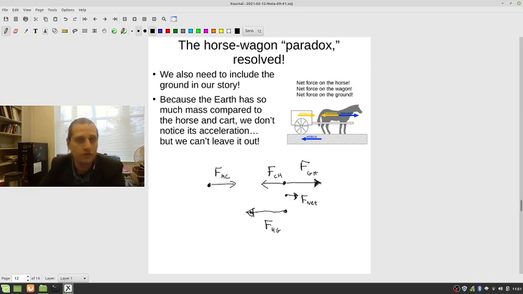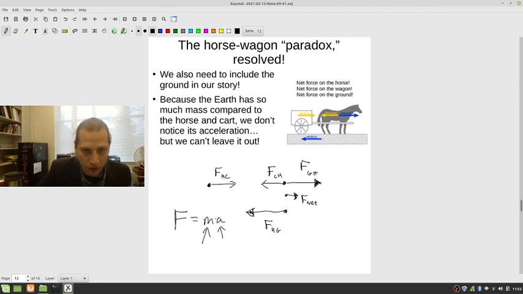However, as you're going forward, the Earth is, in theory, rolling back a little bit. But of course, since the mass of the Earth is stupendously enormous compared to the mass of the horse, or the mass of the horse and cart together, you don't register the Earth rolling underneath the horse and the cart the way that you register them, because of course F equals ma, so the amount of acceleration that you get depends on your mass.